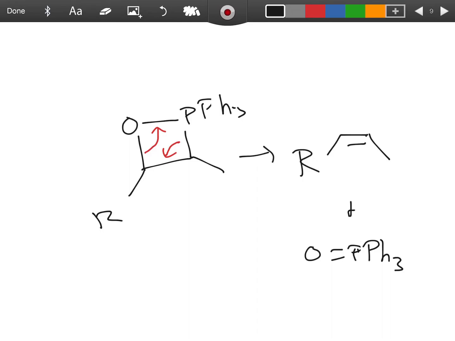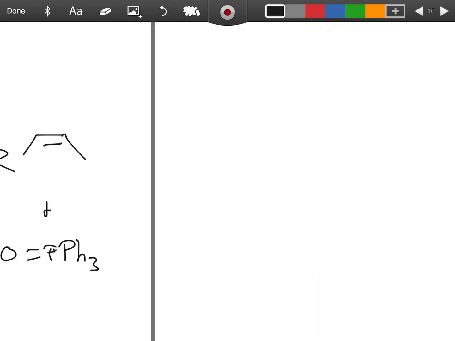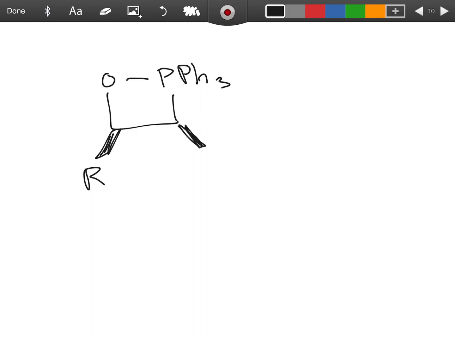So where your selectivity is set in this reaction, right? In theory, your stereochemistry on your oxyphosphatane should translate to the stereochemistry that you see in your product, right?